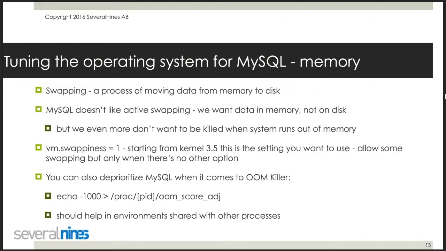But if your host is MySQL only, and MySQL is responsible for over-allocation of the memory, this may not really help much. But swappiness should allow you to run the host a little while longer, just to make sure that you shut down MySQL correctly and it won't get killed.